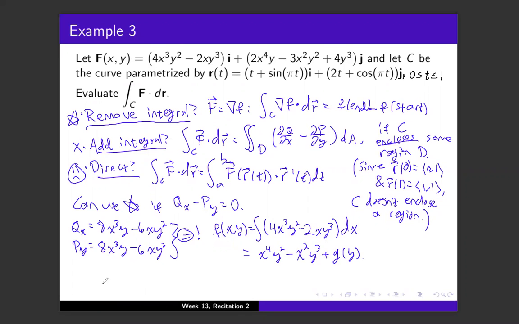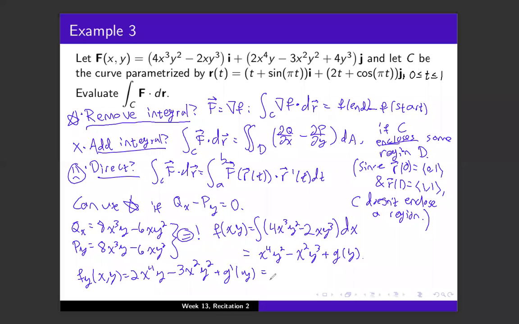I don't know what that function is, but that's okay, we'll figure it out. We know that fy(x, y) has to satisfy 2x to the 4th y minus 3x squared y squared plus g prime of y.